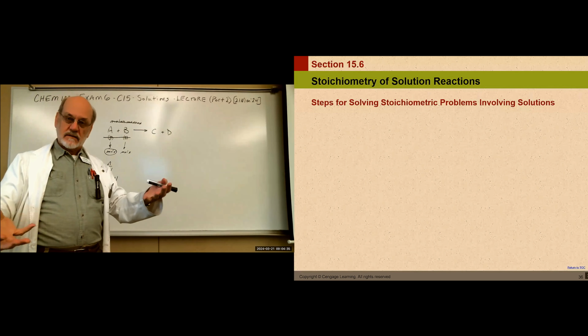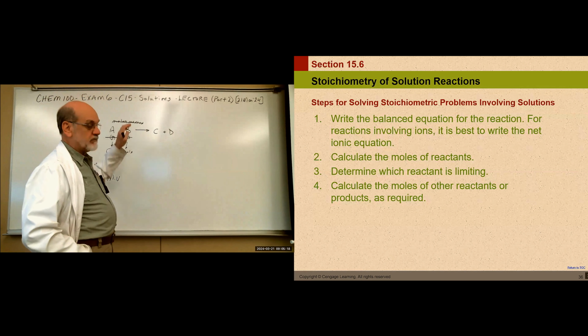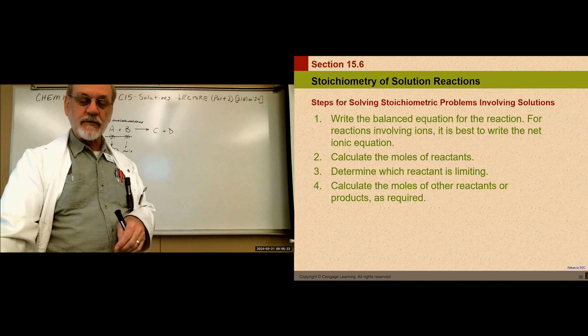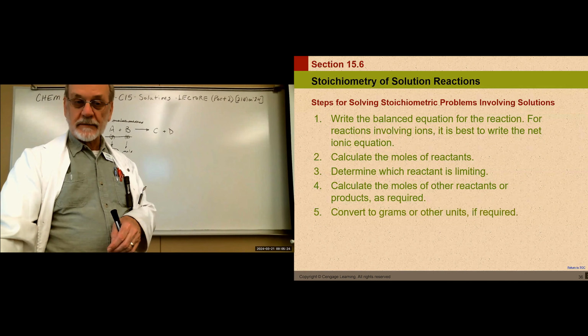We basically do the same thing that we did with mass stoichiometry, except the moles are determined by molarity and volume rather than mass and conversion using molar masses. So there's just a slight difference between the two.